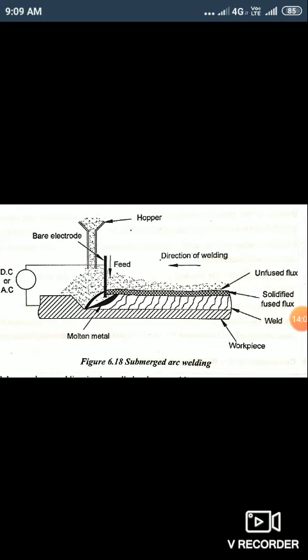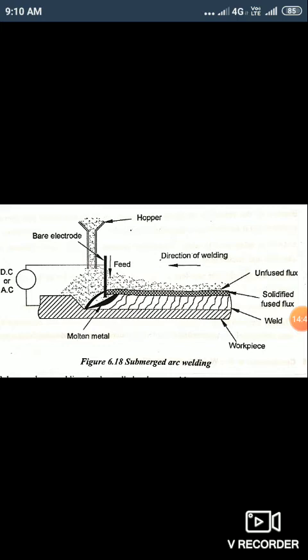Okay, the electrode at a predetermined speed is fed into the joint to be welded. As the voltage or electricity is passed through, the electrode will be melted, and due to the heat produced by the arc, the metal piece and the consumable electrode also melt and form a molten weld pool.